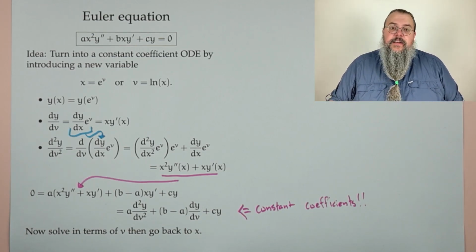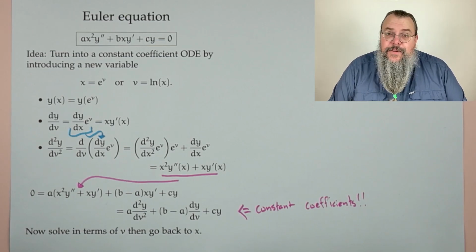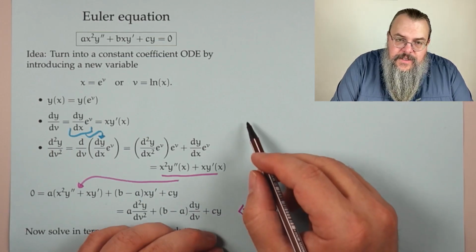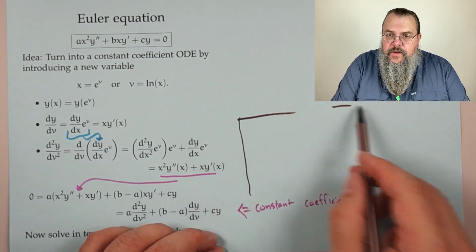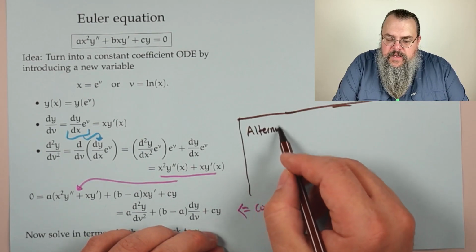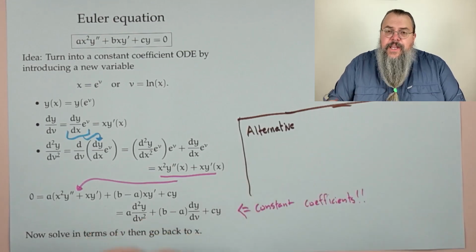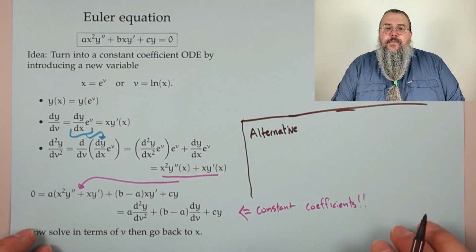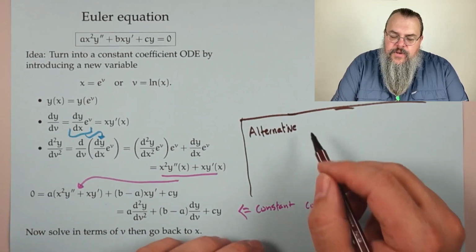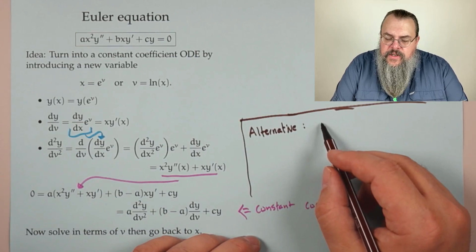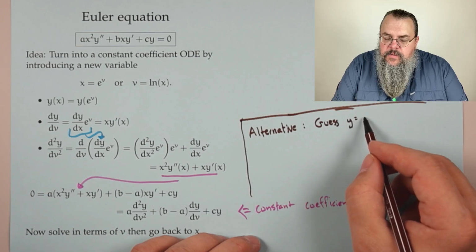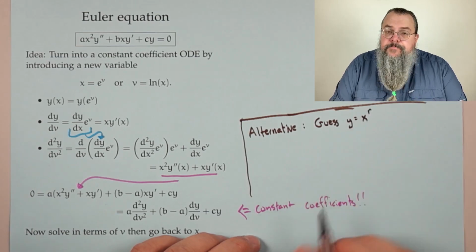Now at this point you're probably thinking like, do you have to do it this way? And maybe, but honestly there are alternatives. So here's another alternative. The other alternative is to say, wait a second, I have a vague recollection of doing something like this way back at the start of our discussions of differential equations, which was to say, let's just put in our guess of y equals x to the r.